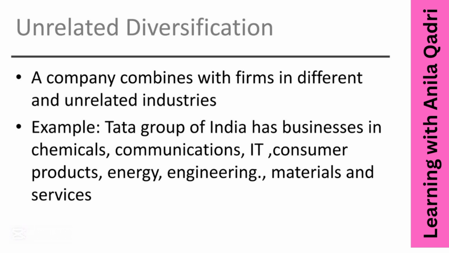A company combines with firms in different and unrelated industries. For example, Tata Group of India has businesses in chemicals, communications, IT, consumer products, energy, engineering, materials, and services.